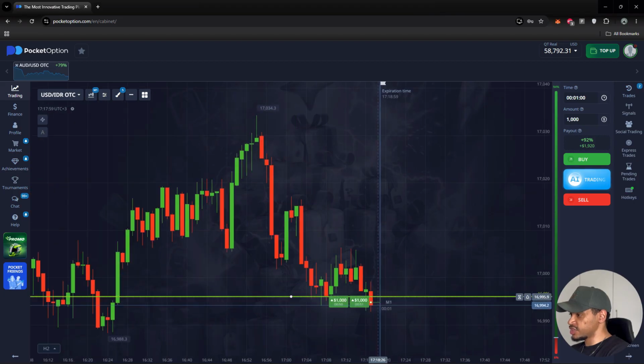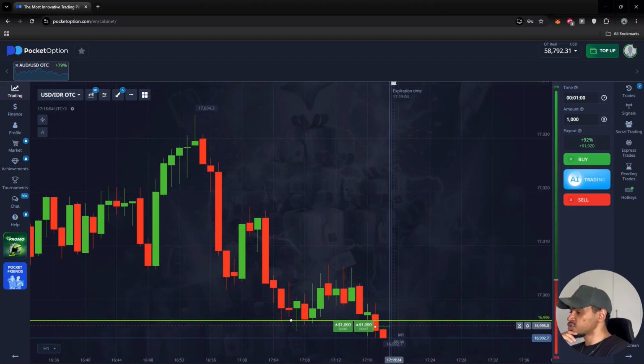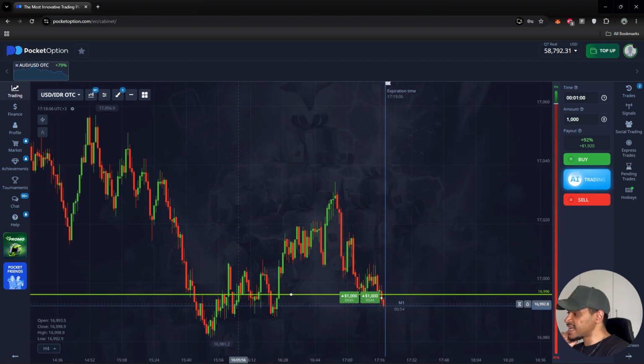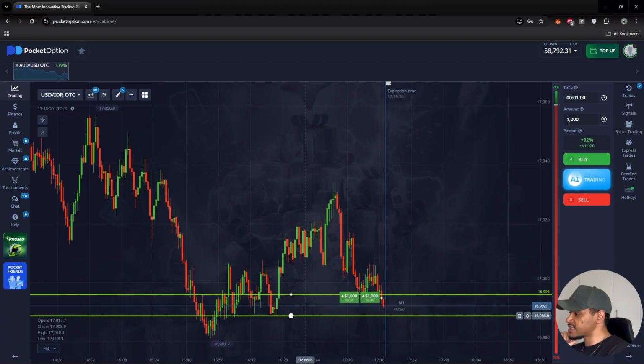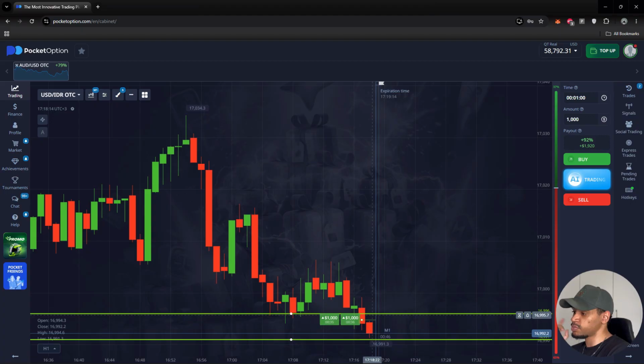We do have a level here. Already we saw rejection pretty strongly act up here. So what I'm expecting here is actually that the price will dip down a little bit, but then it will hit the next level, and that will cause a stronger reaction here, a stronger reversal. So we place 2000 on this one, and we are all set and ready to go.